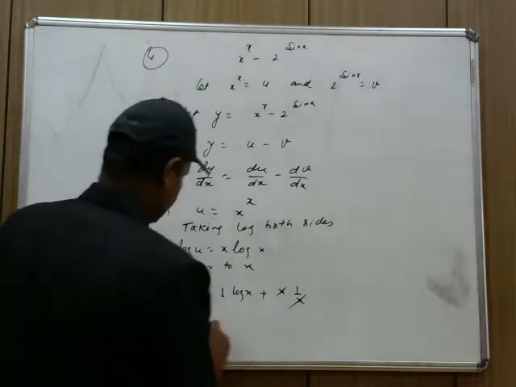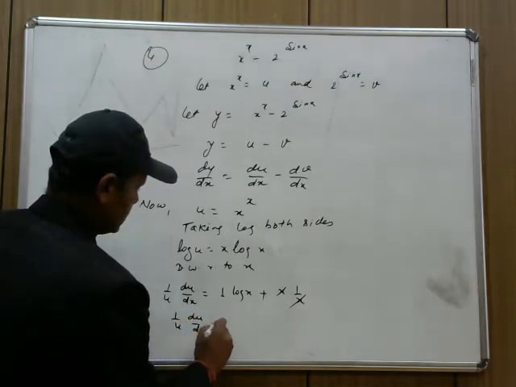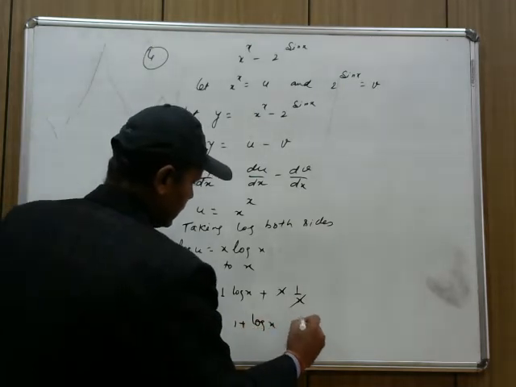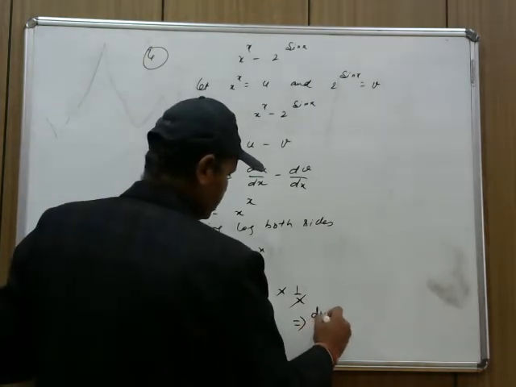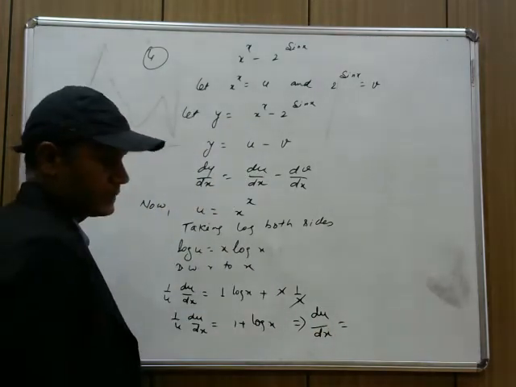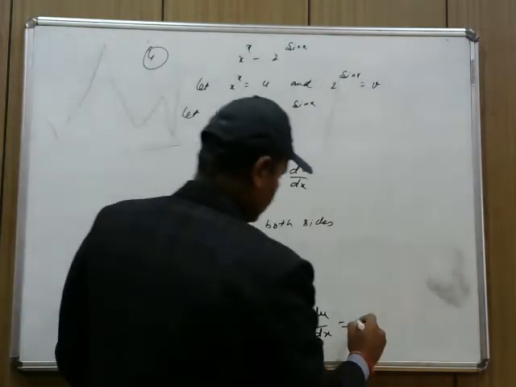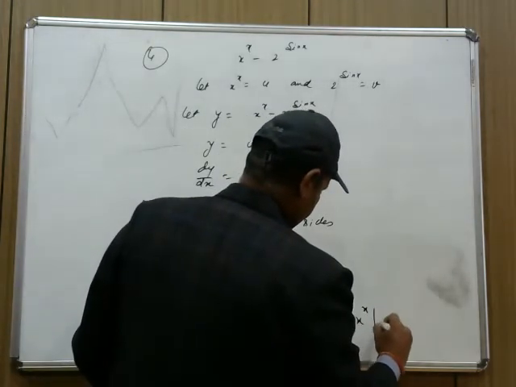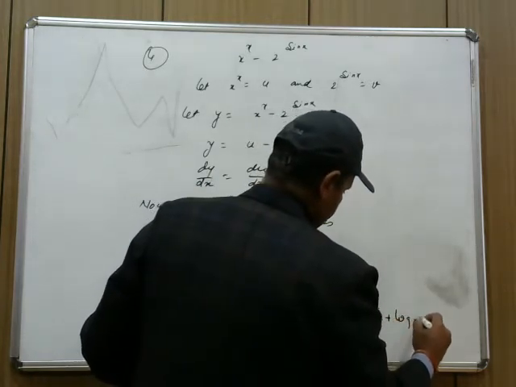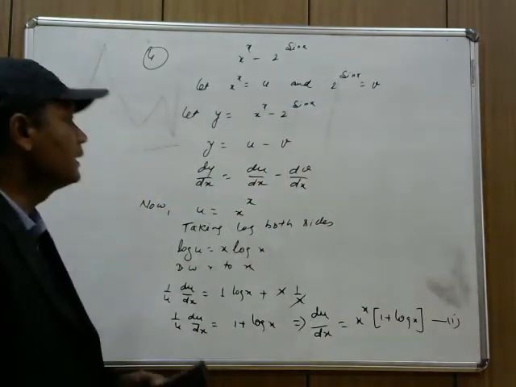Therefore now it becomes 1 by u into du by dx is equal to 1 plus log x. And it implies that du by dx is equal to u on the right hand side, and u is x to the power x. Therefore x to the power x in bracket 1 plus log x. This is the value of du by dx.